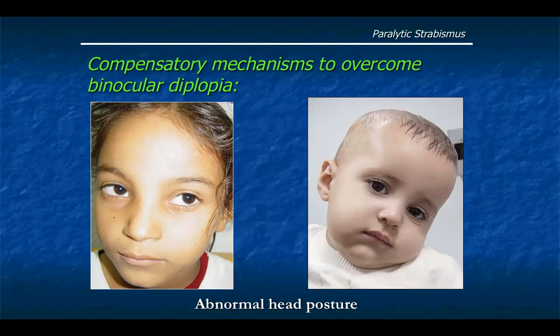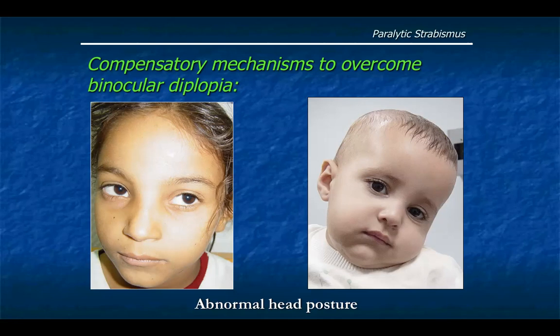So she moves her face in the direction of action of the paralyzed muscle to move the eyes in the opposite direction, to keep them away from the position of muscle paralysis and avoid diplopia.